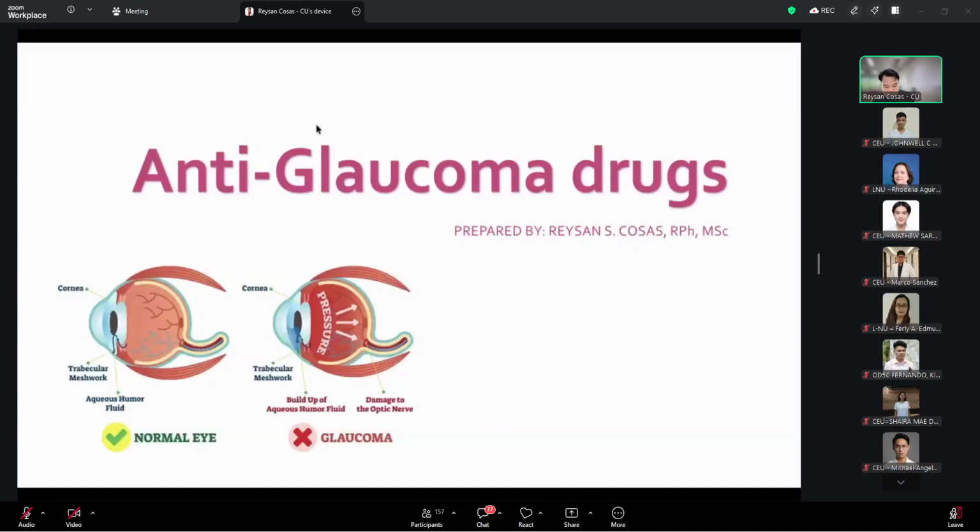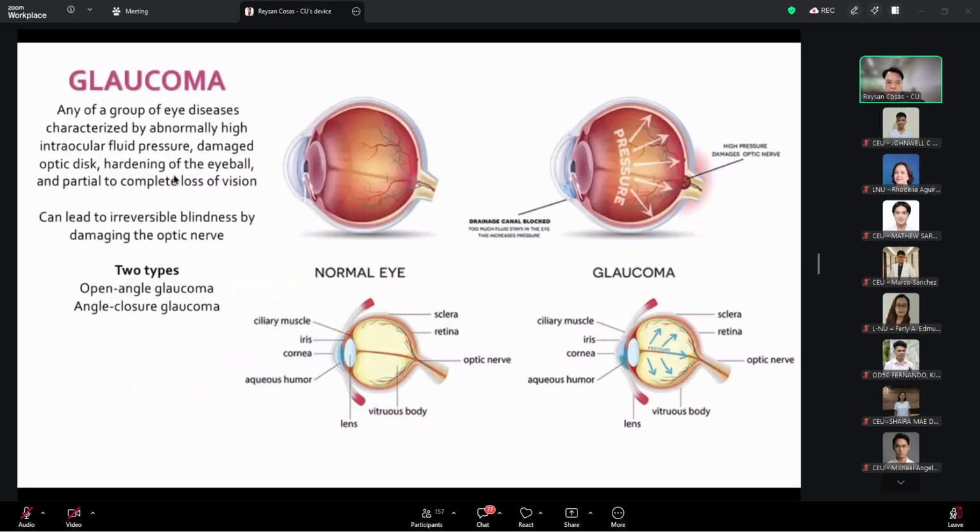Intraocular hypotensive drugs are known to reduce the intraocular pressure in the eye. So what's glaucoma? Glaucoma is any group of eye disorders characterized by high intraocular pressure.